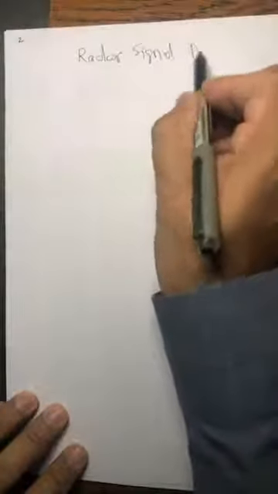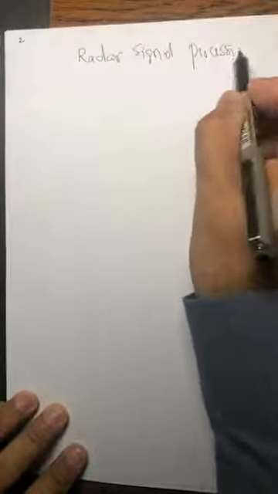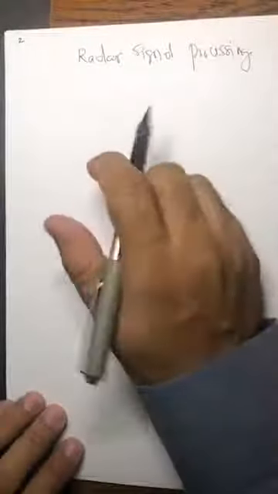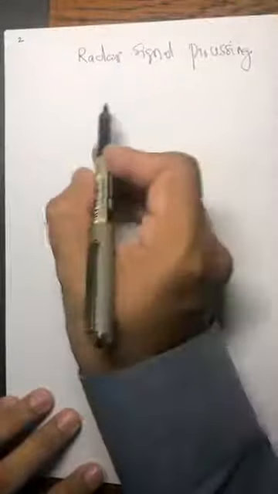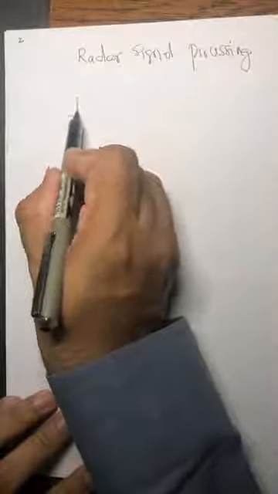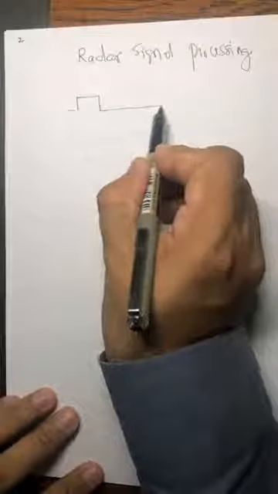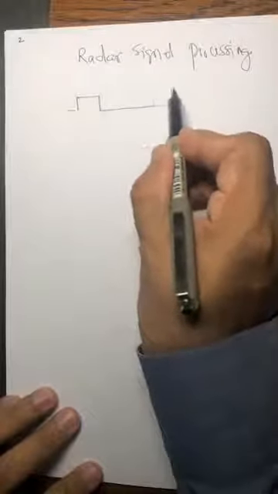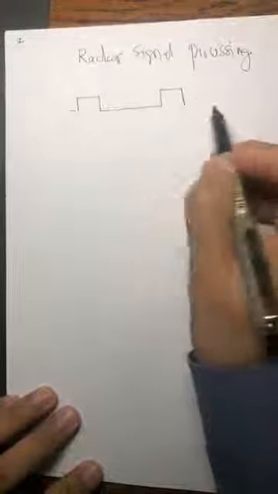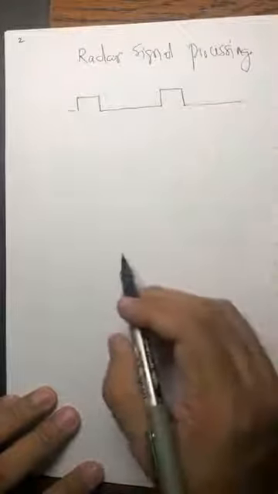So what a radar does is that it basically transmits a high powered cosine for some time, and then it is silent, listening, and then it performs another transmission, then it is listening. So this is what a radar does.